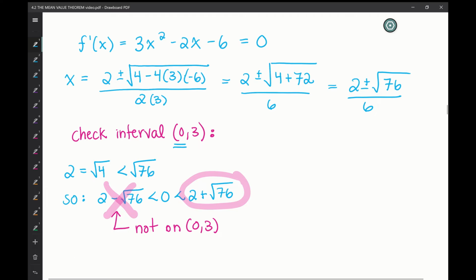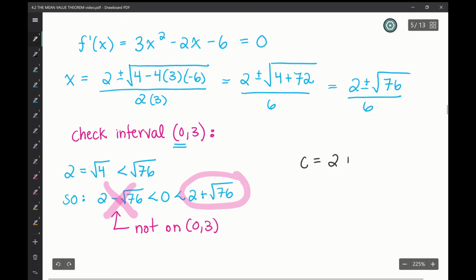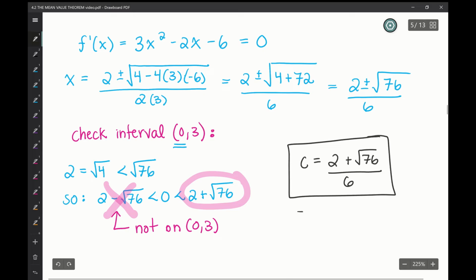So c is equal to 2 plus the square root of 76 over 6, which we could simplify to 2 plus 2 root 19 over 6, or simplify further to 1 plus the square root of 19 over 3.